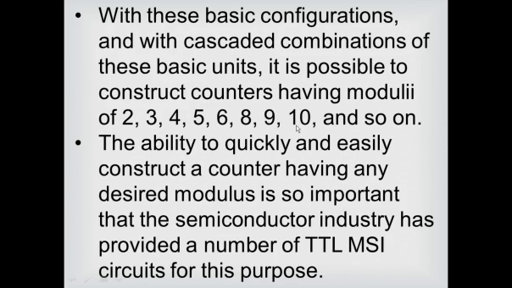We can have 2 multiplied by 5 or 5 multiplied by 2, that way the decade counter or mode 10 counter can be prepared, and so on. So this way a higher modulus counter can be obtained by cascading any number of lower modulus counters.